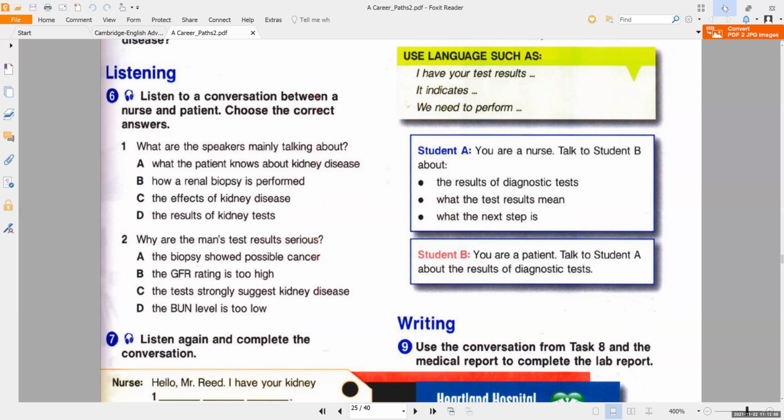Also, according to the BUN test, your BUN level is rather high. That could be a dangerous combination with a low GFR rating. I see. So what do we do? We need to perform a renal biopsy as soon as possible. OK. When should I come in for that? Dr. Roth has cleared some time for you 2 days from now. That's fine. Thanks for all your help.